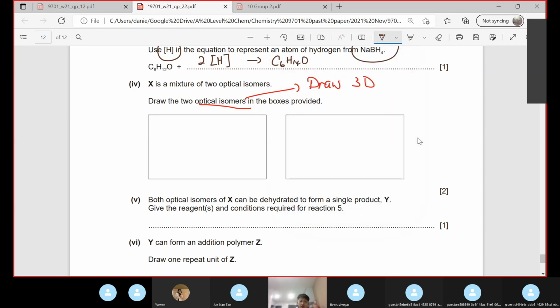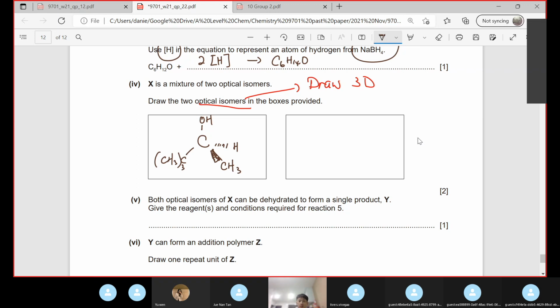We always start from the chiral carbon, located at the center. Then OH, H, CH3, then C, CH3, 3.